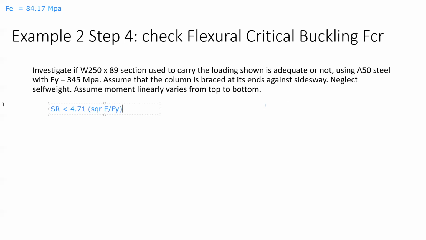If your slenderness ratio is less than that, then we could use Fcr equal to 0.658 raised to Fy over Fe, times Fy. But if our slenderness ratio is greater than 4.71 times the square root of E over Fy, we use Fcr equal to 0.877 Fe.